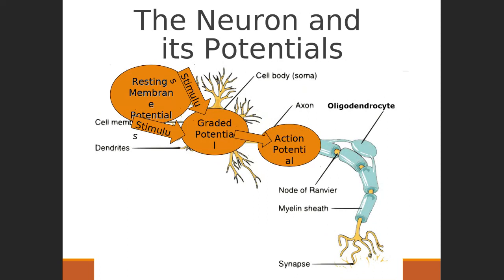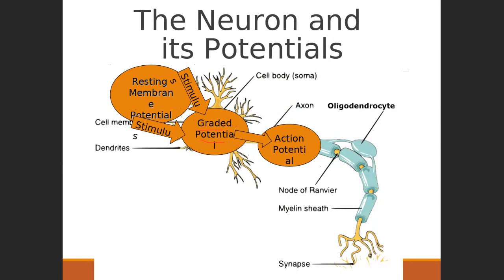Well, we have a resting membrane potential in a neuron. If we provide a stimulus, we open up chemically gated channels, creating graded potentials in the dendrites and the cell bodies.